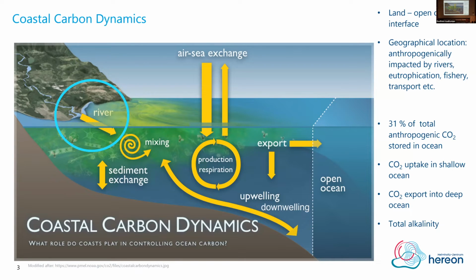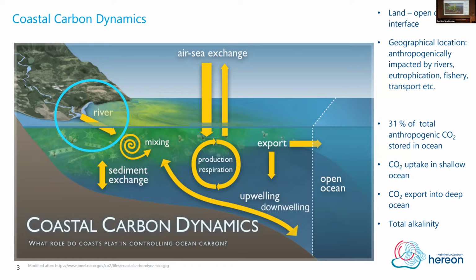In particular, the role of marginal seas as a CO2 exporter is in focus, since they strongly take up CO2, which is then exported into the deep ocean and stored there for longer timescales. Until now, 31% of the anthropogenic CO2 is stored in the ocean, which makes it the largest atmospheric carbon dioxide sink.